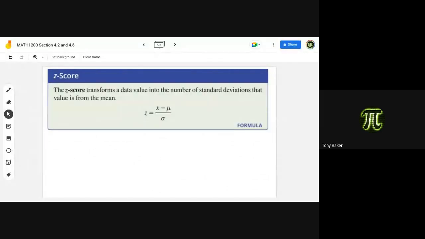All right, so Z-score is basically telling you how far away from the mean you actually are. Okay? So to find this, these wonderful little symbols here. Z is the number, the value you want, minus the mean, divided by the standard deviation.